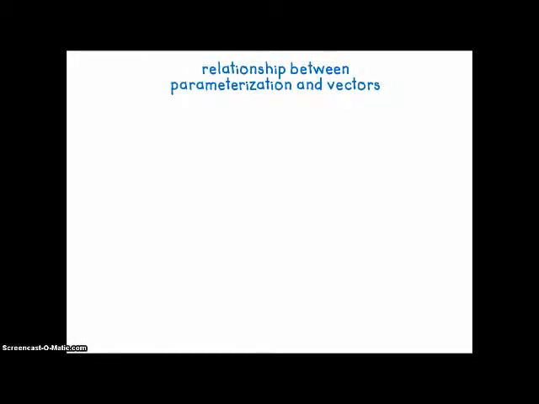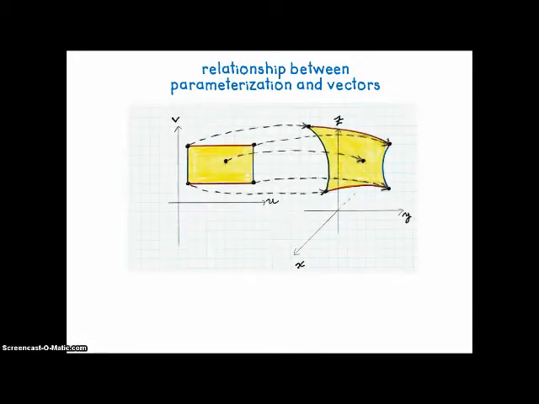Now there's a relationship here between parameterization and vectors that you've seen before, but we're going to reiterate it in this framework. So again, here's our picture. We have our three multivariable functions that map the point u, v onto a point x, y, z.